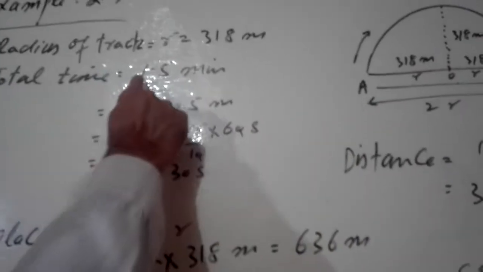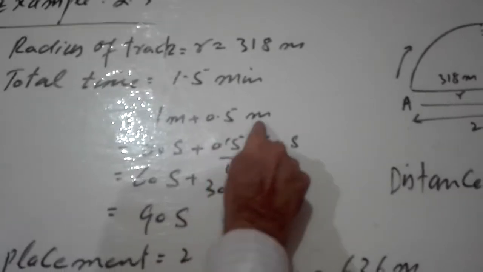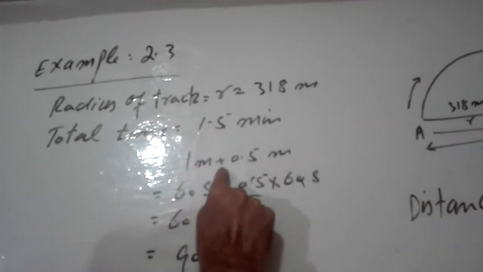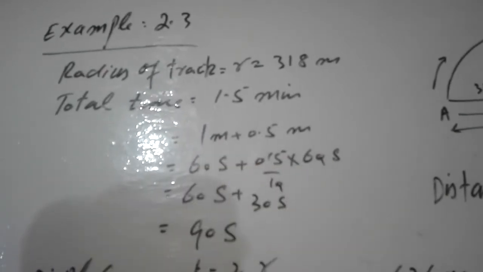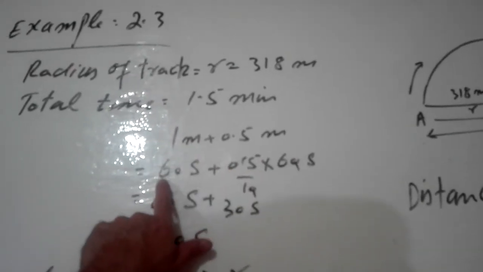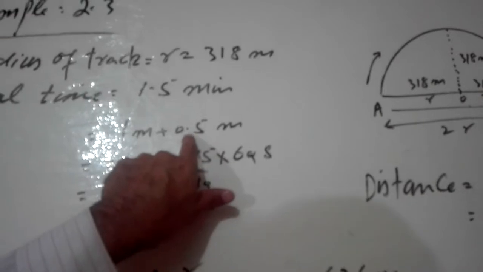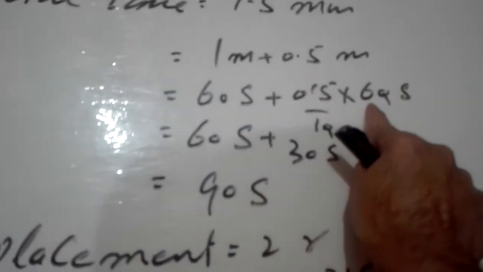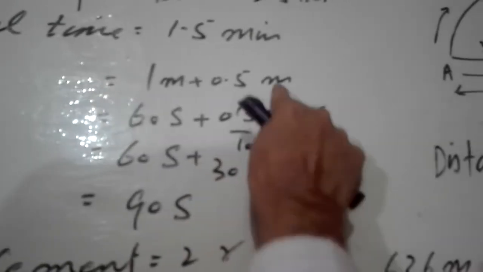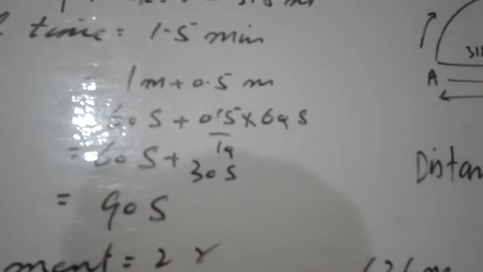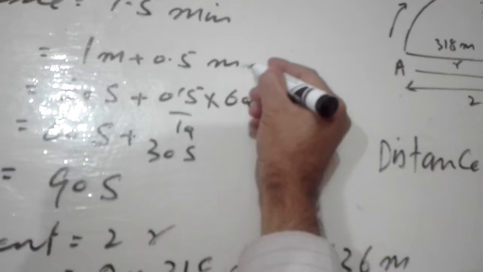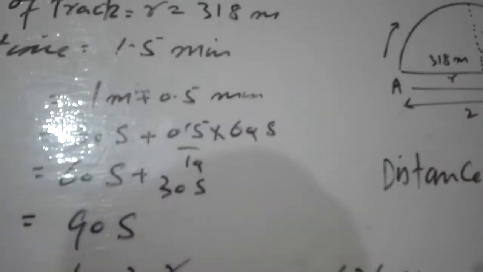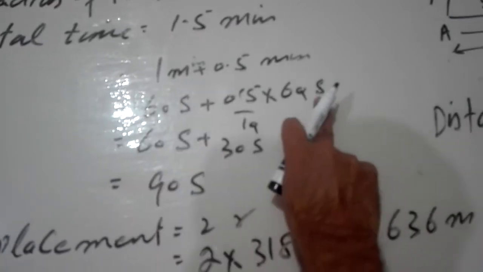So that's why we have to change this minute into seconds. So how do we change this? 1 minute and 0.5 minute. 1 minute complete, and 0.5 minutes. And how many seconds are in 1 minute? There are 60 seconds. Now if you change minutes into seconds, just multiply with 60. 0.5 into 60, and that minute changes into seconds. Now s for second.